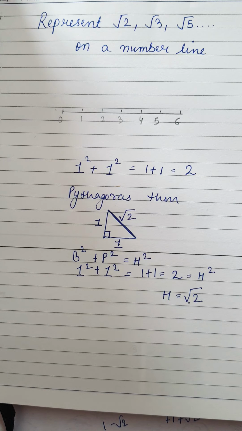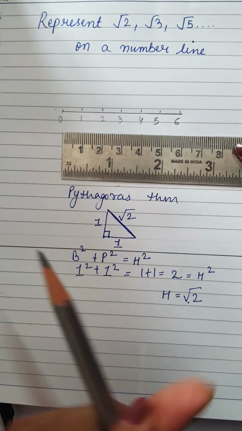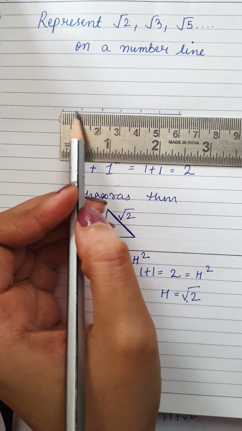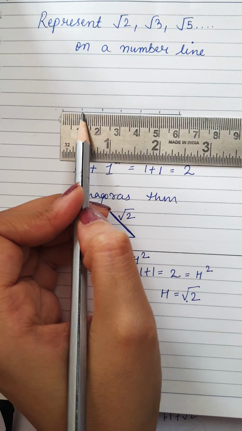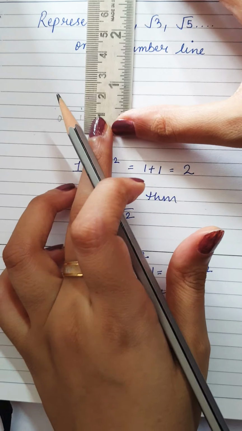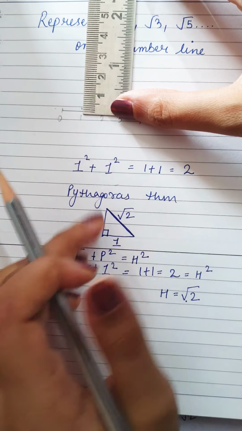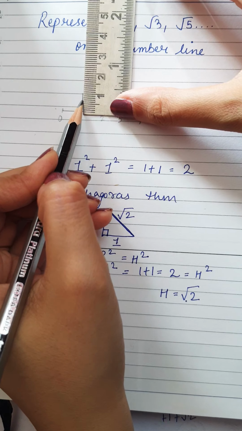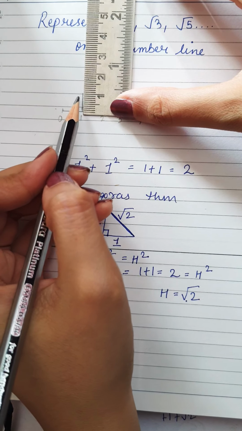So now in our diagram we are going to measure from 0 to 1, it is 1. Now we will make perpendicular at 1 using a protractor. So I am drawing it directly, 90-degree angle of 1 centimeter exact.